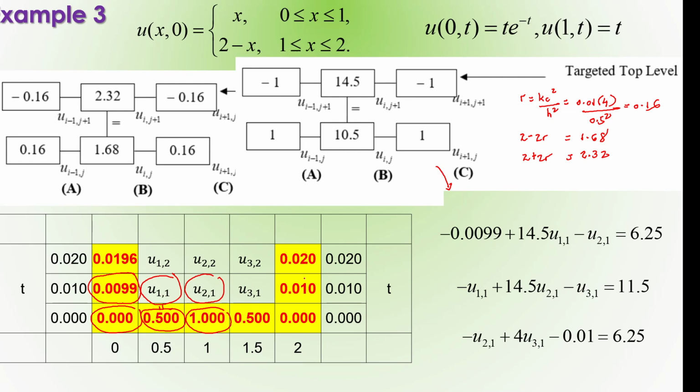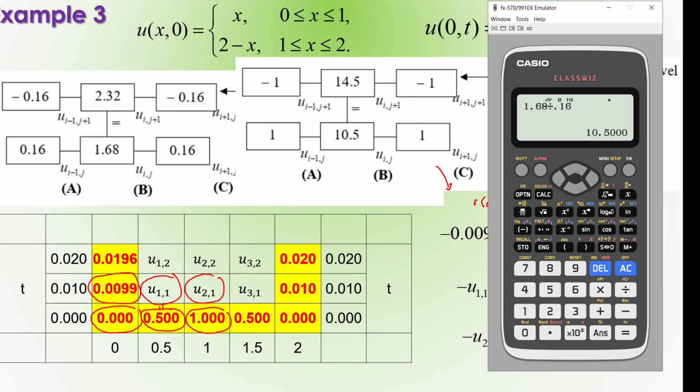And then that is how I get 6.25. This 6.25 is 1 times 0 plus 10.5 times 0.5 plus 1 times 1. You get the result here, 6.25.